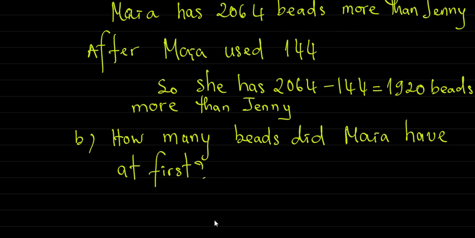So we don't know the total amount. We don't know any amount related to Mia and Jenny, but we just know that Mia had 5 times.